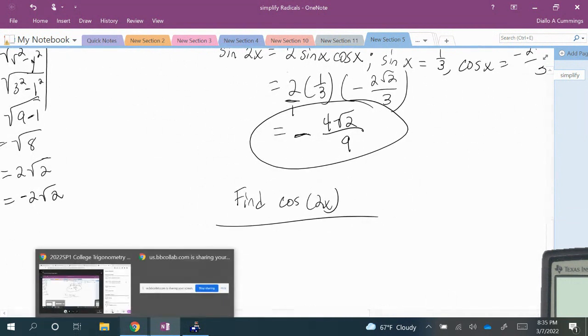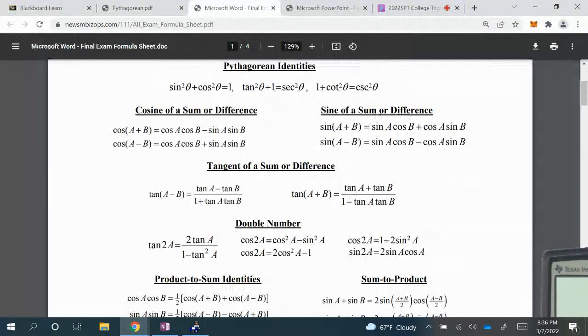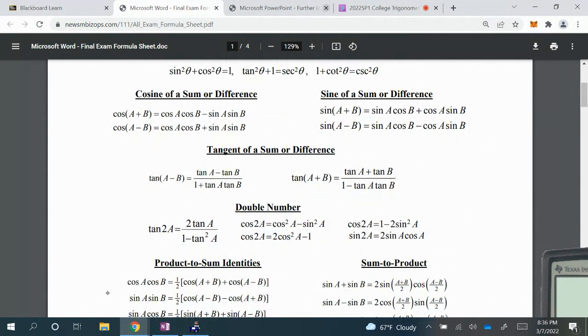I'm going to go back to the formula sheet, and we see that for the double number for cosine, there are actually 3 of them. We have cosine squared A minus sine squared A, we have 2 cosine squared A minus 1, and we also have 1 minus 2 sine squared A.